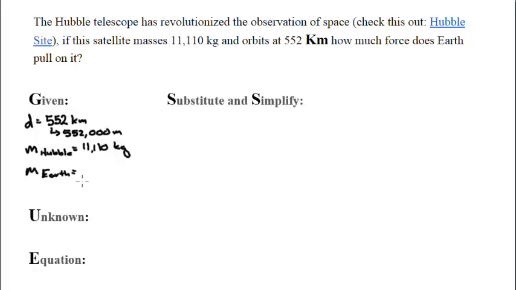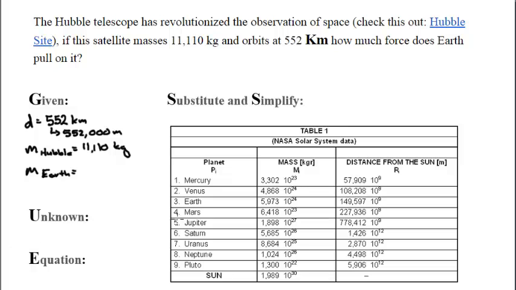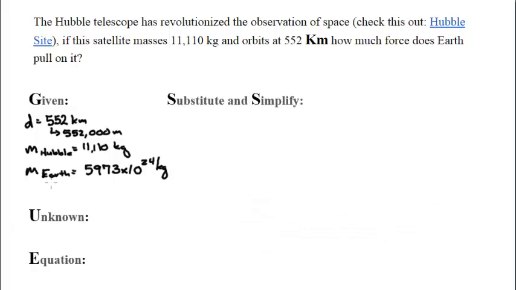And here's the, well, it's not a problem, it just means I need to go back to my grid and say that, okay, Earth masses 5,973 times 10 to the 24th kilograms. Okay, that's the information I need.